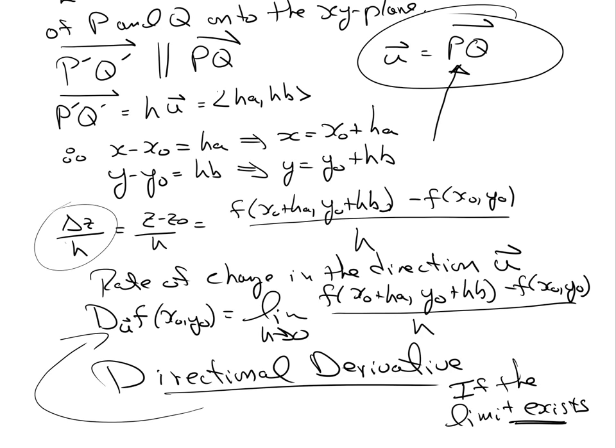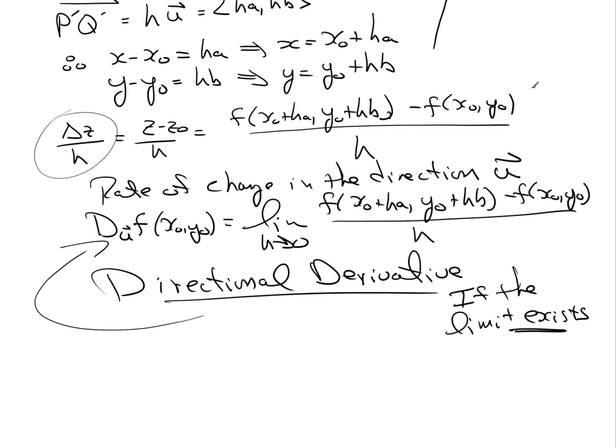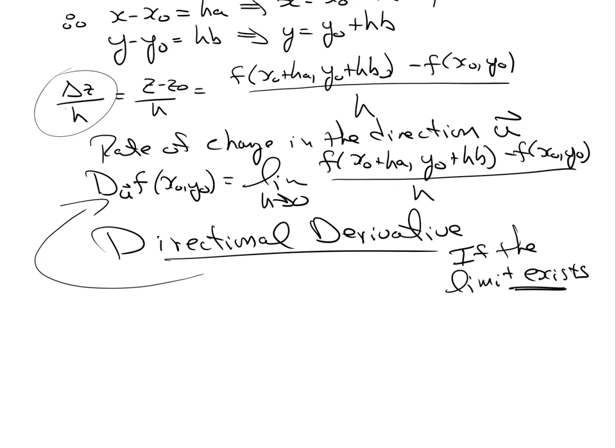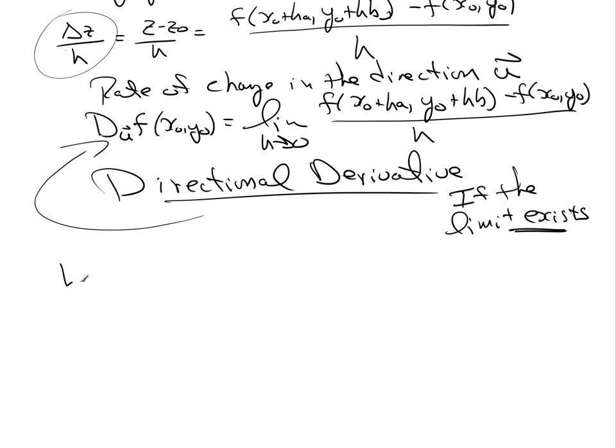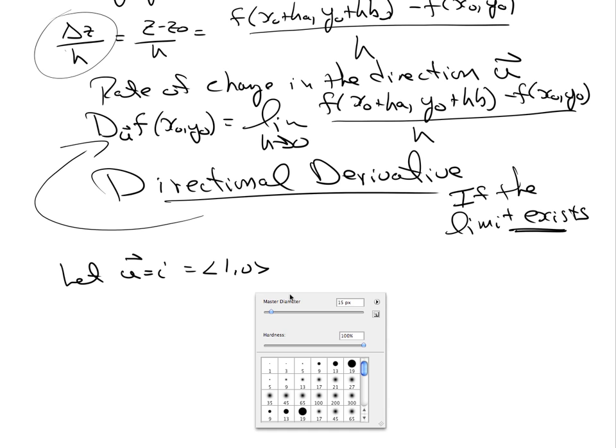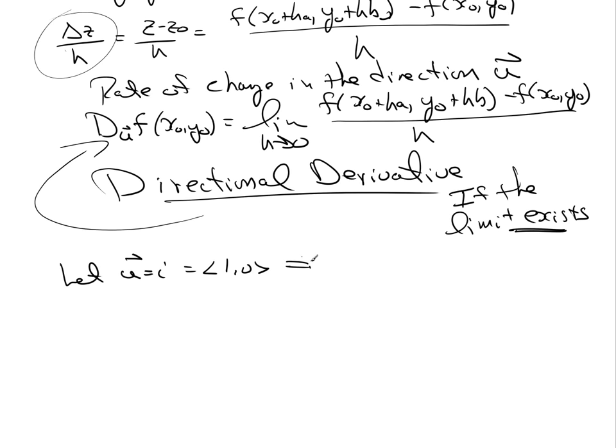Now notice here that if I let u equal i, this vector u equal i, which is obviously the vector (1, 0), if I put (1, 0) in here, then what I actually get is D sub u is equal to D sub i.